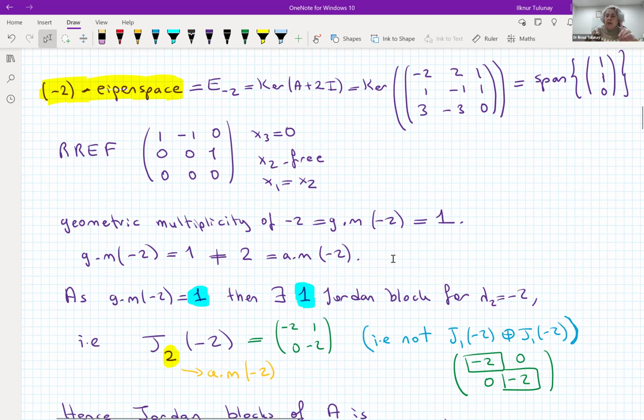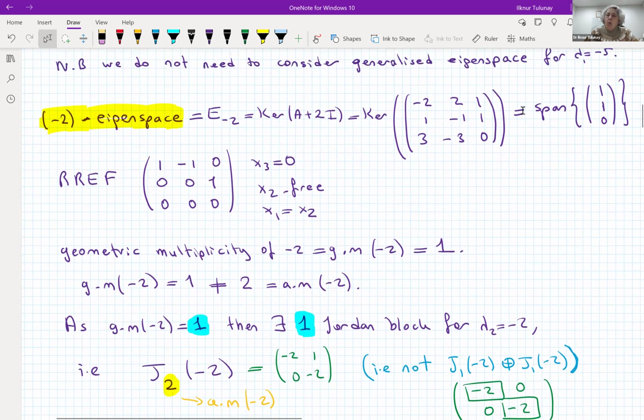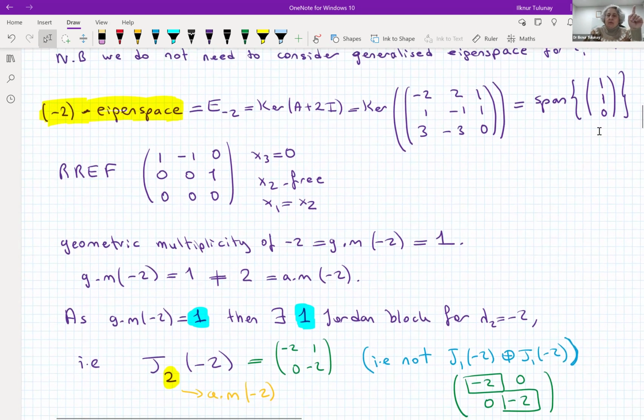But we couldn't. We found only one basis vector. That means that we have only one block corresponding to eigenvalue -2. But we have a 2 by 2 matrix with one block. How do you write that? It is -2, 1, 0, -2. That's the case.